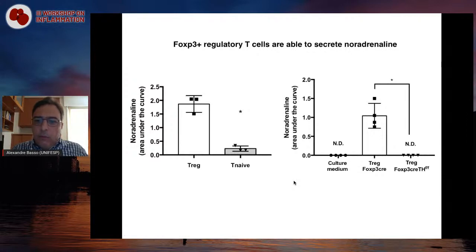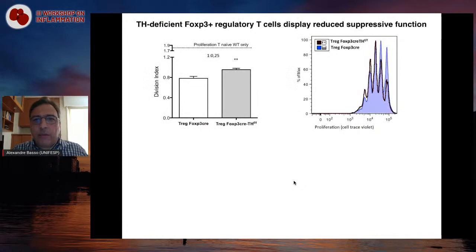Okay, so but what was the consequence of that in terms of the suppressive function of the FOXP3 positive regulatory T cells? Here we are looking at data on a suppression assay in which we had naive wild type responder T cells cultured along with either control FOXP3 positive cells or TH deficient FOXP3 regulatory T cells in black.